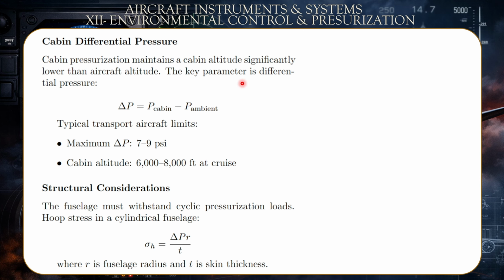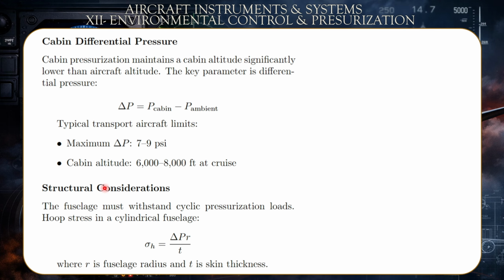So the key parameter is differential pressure, delta P, equal to the pressure of the cabin on the inside where the passengers are sitting, minus the ambient pressure, which is the pressure of the atmosphere outside the aircraft. Typical transport aircraft limits are a maximum delta P of 7 to 9 psi, pounds per square inch. This is the acceptable differential pressure. Cabin altitude would be 6,000 to 8,000 feet at cruise.